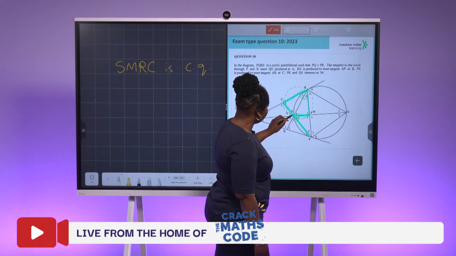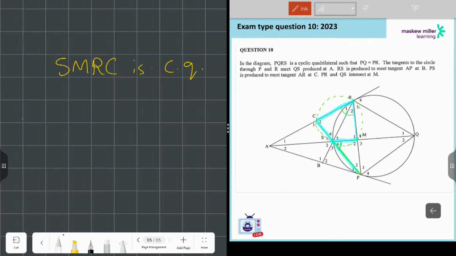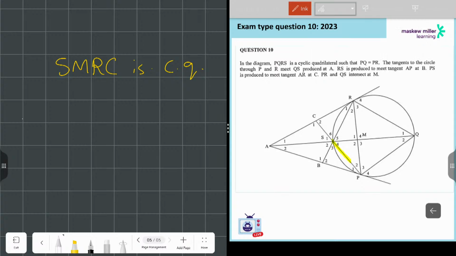If I stand on the chord SP, that is my chord, and I move the way we have been moving, so let's remove that so you can see. If I stand at this chord here and then I move from there to there, and I also move from the same chord to there, you can see that R2 equals Q2.